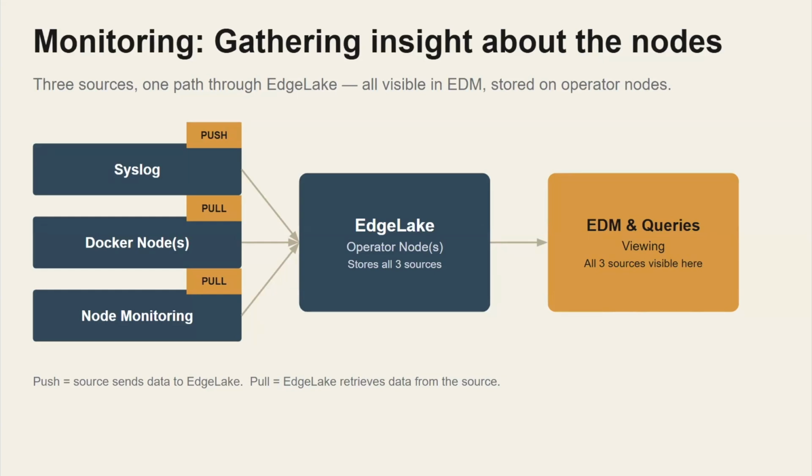We store all of it in the EdgeLake operator, and then through the EDM and query node, you can query it. Why is it important? Because when you deploy on a lot of operators, or through an orchestration tool like Open Horizon, you need to be aware of their state and what's going on with the nodes, not just the data itself. So we provide that capability, making it easier to query rather than needing to parse text files and log files to understand the state of the machine.